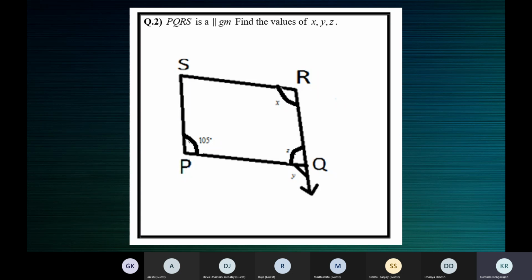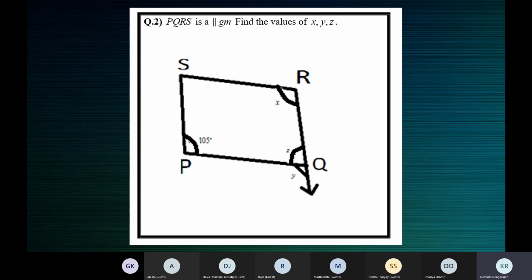Next, which is a transversal? Just find the line that intersects these two lines, PS and RQ. Ma'am, both PQ and SR intersect. Very good. Both PQ and SR, so both can be regarded as transversals.